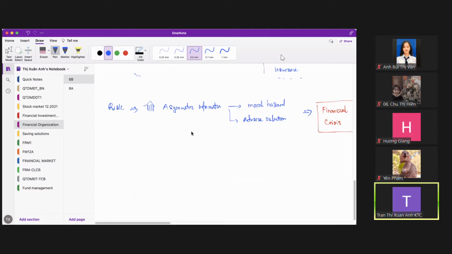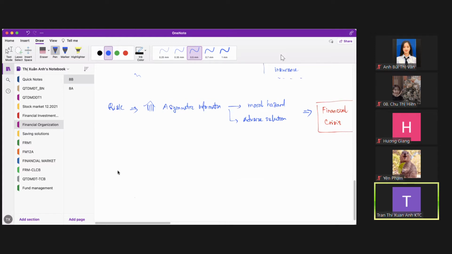We refer to Trịnh Văn Quyết. That is what we consider as insider trading, and that is also a failure of the financial market when the government or the regulator cannot control almost all activities or behaviors of participants.